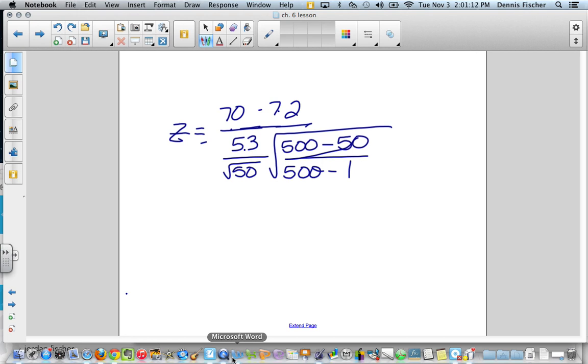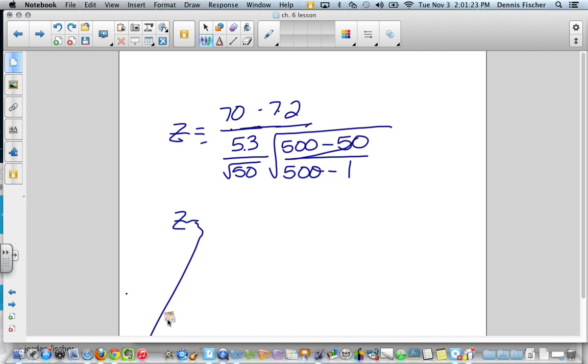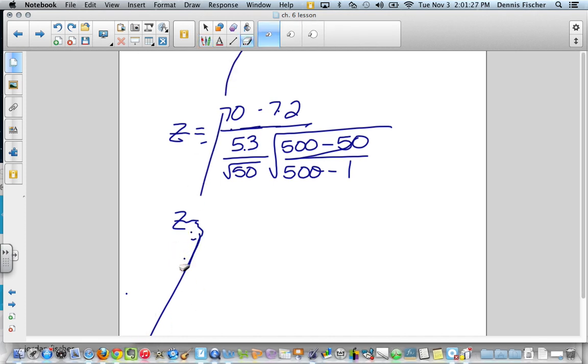And then I'm going to take the negative 2 on top times that answer. If I worked everything out, I ended up with a z value of a negative 1.42.